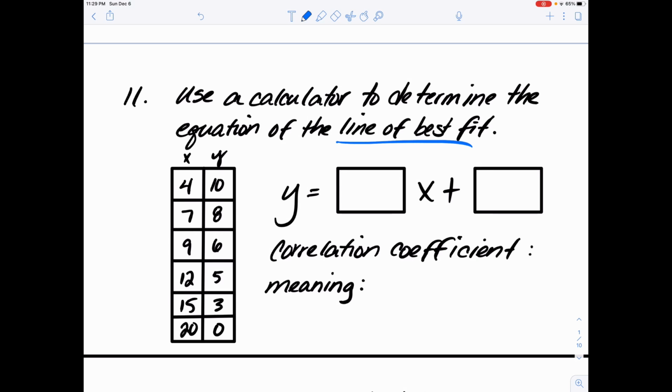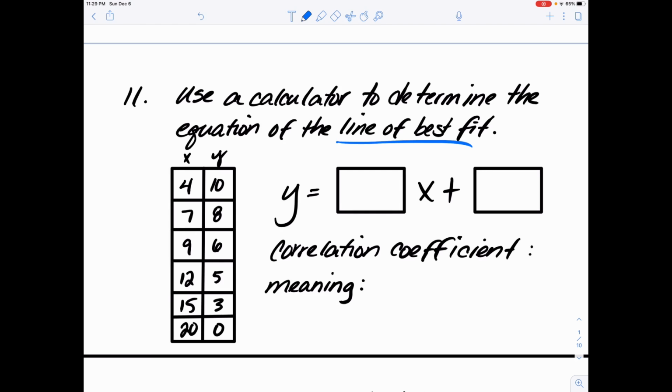And what we're going to do is we're going to use a calculator to discover the trend line, or the closest line that approximately represents this data set. That's why they call it a line of best fit. It's not the exact perfect line, as most data in the real world is not perfectly linear in nature.